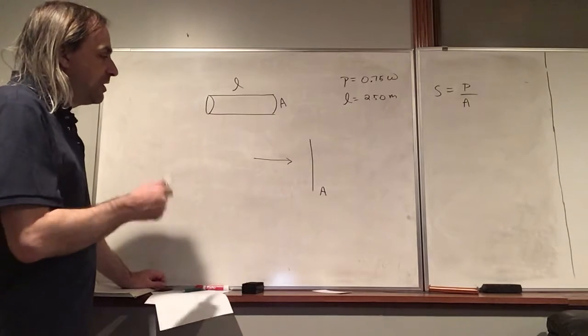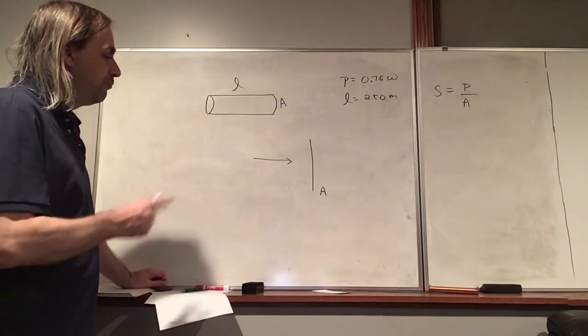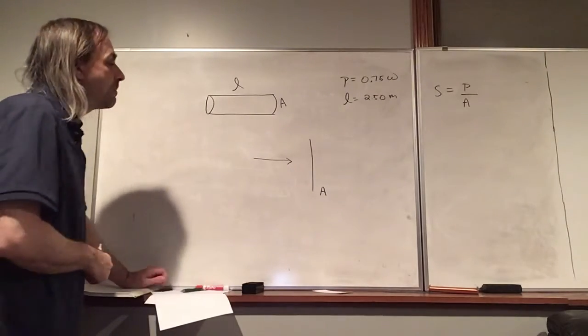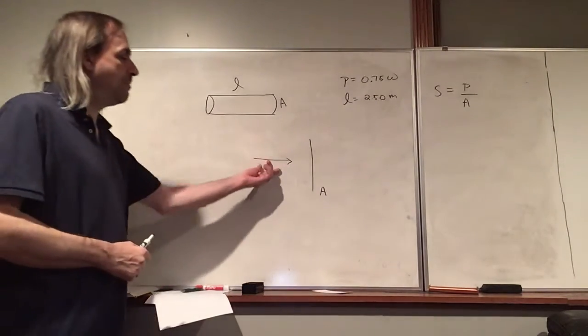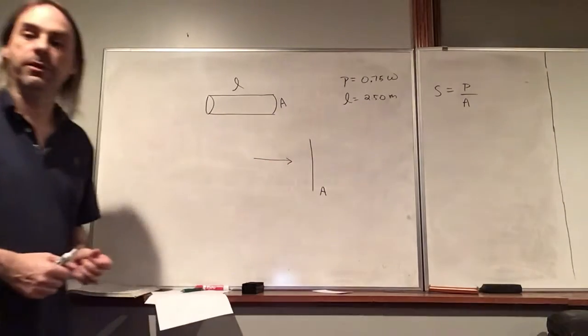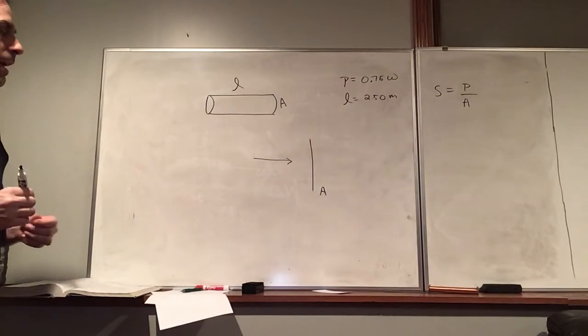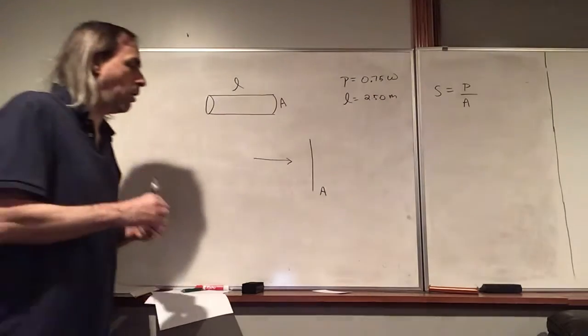All right, so the question is, how much energy is delivered to this surface? That depends on both the light and the surface that we're hitting. So we isolate the property of the light itself.